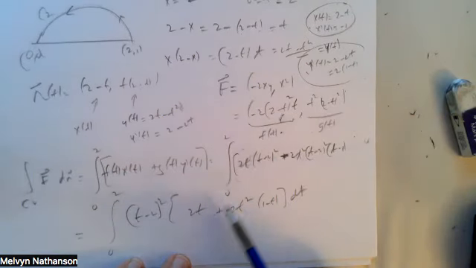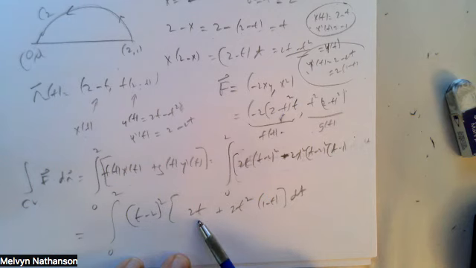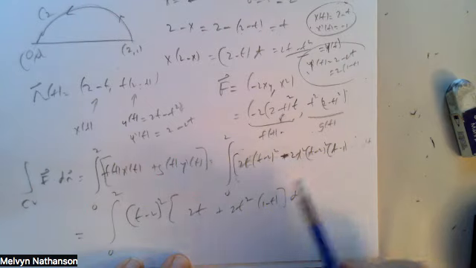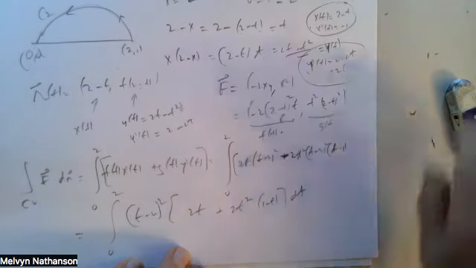So that's t minus 2 squared times 2t, plus 2t squared (1 minus t), or minus 2t squared (t minus 1). So that's exactly right.